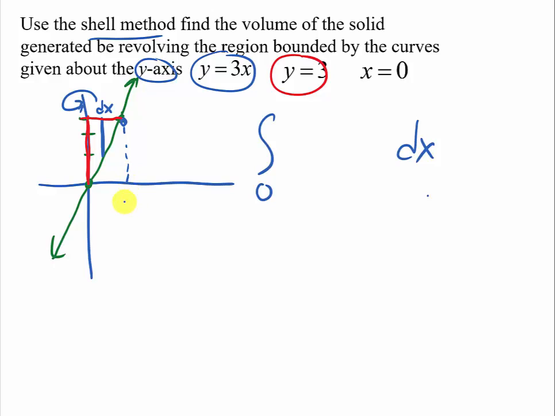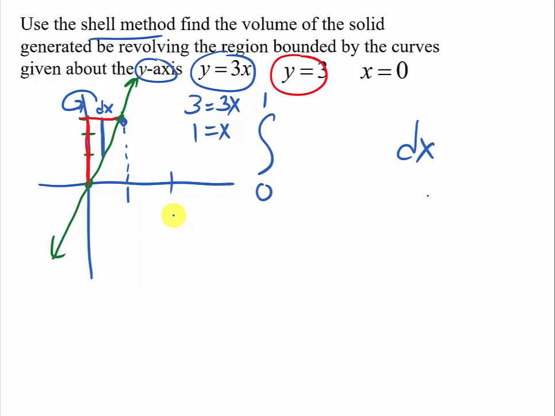I can figure out what that is. Remember when we counted the slope, we went up 3 and over 1, but you could also figure that out because it's when the y is 3, so we could let the y be 3 here and solve this, and we would see that x equals 1. My scale is bigger this way. I did that so it wasn't so squashed and we could see our region.